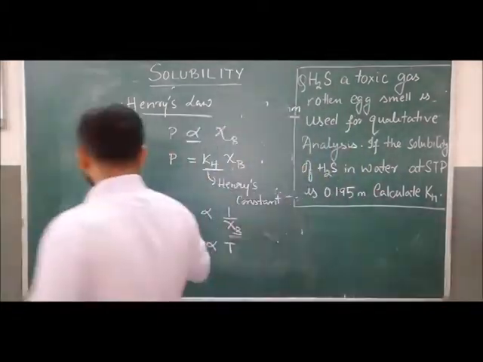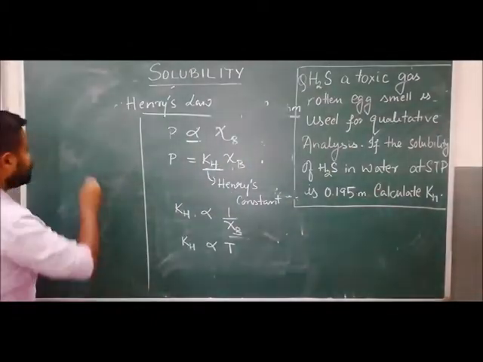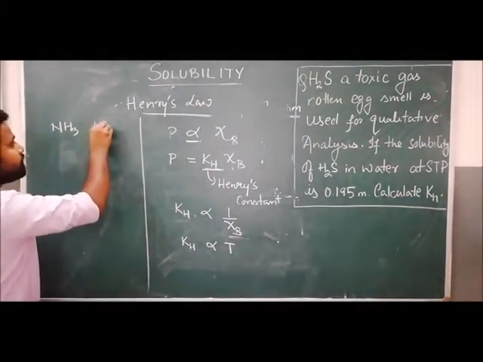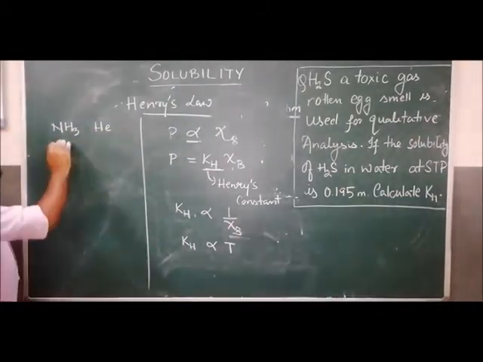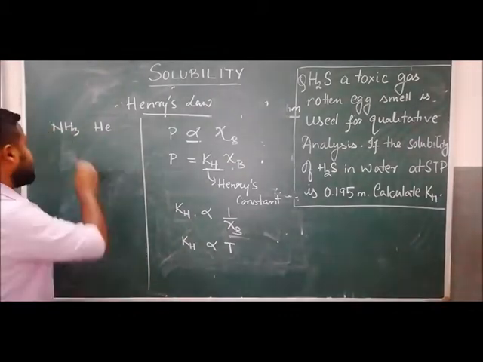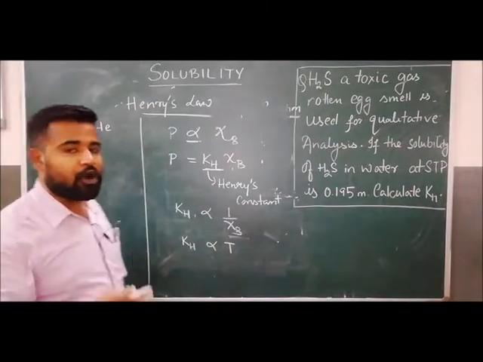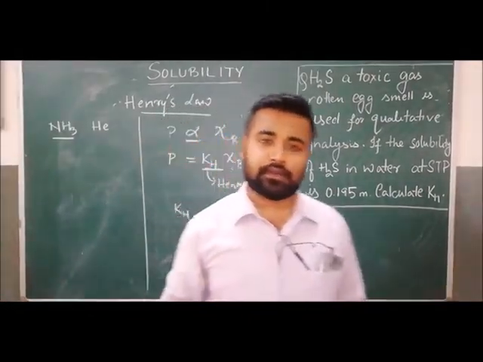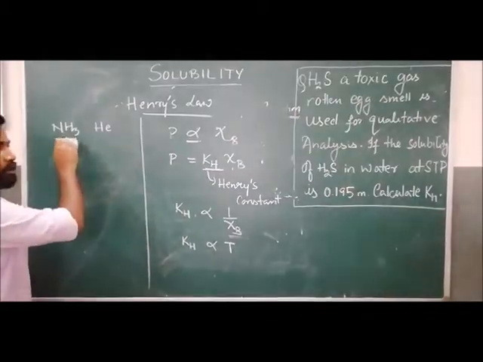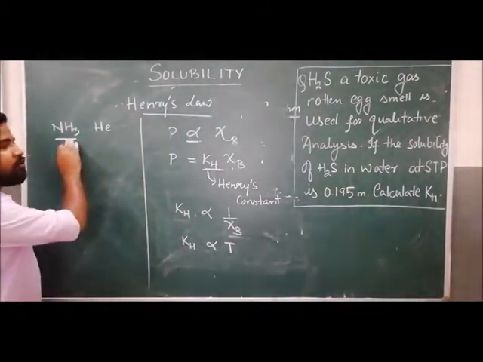For example, if we take two gases, ammonia and helium, which one will be more soluble? We know that ammonia is able to form hydrogen bonds with water. Ammonia can form intermolecular hydrogen bonds with water.